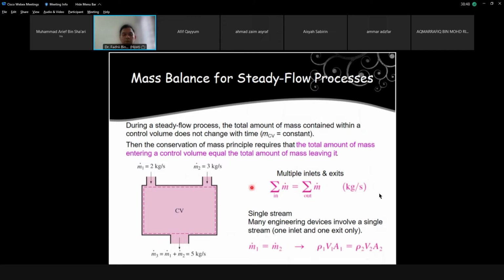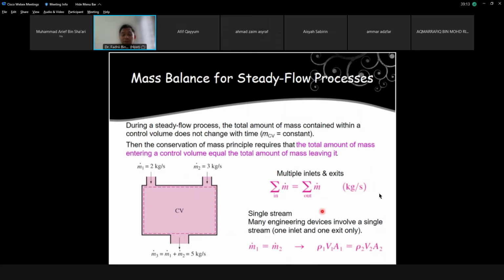Kalau kamu ada dua inlet seperti ini dan satu outlet seperti ini, then here you need to put m dot 1 plus m dot 2 for the left side. And for the right side, since we have only a single outlet, then here we just write m dot 3.